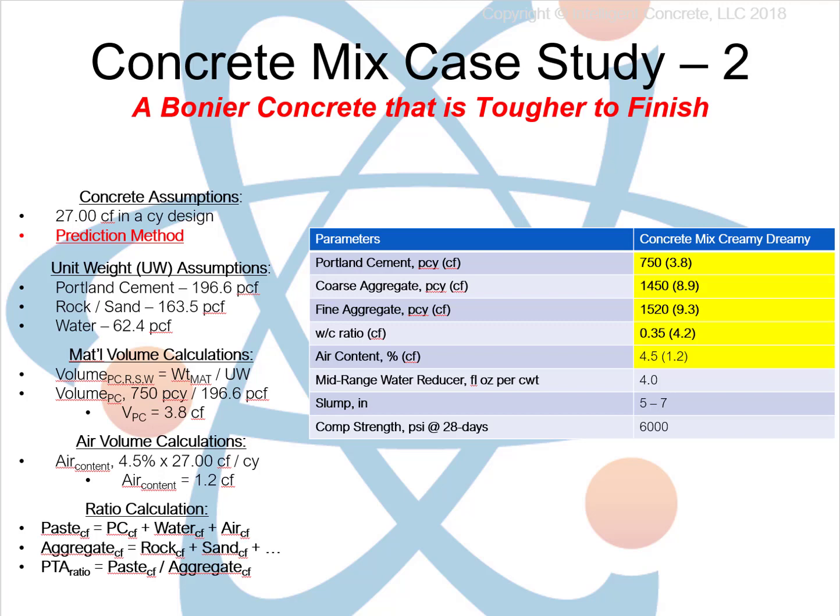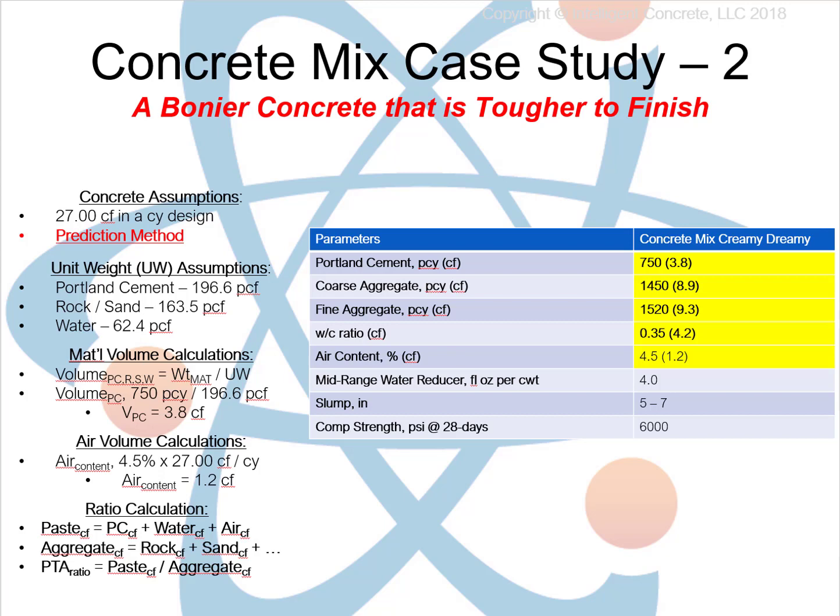So I take 3.15 and multiply it by 62.4 pounds per cubic foot, which is the unit weight of water, to get this 196.6. When I do that math, I come out with a volume of 3.8 cubic feet. That means in this cubic yard of concrete, I have 3.8 cubic feet of cement out of my total 27 cubic feet that I can use.